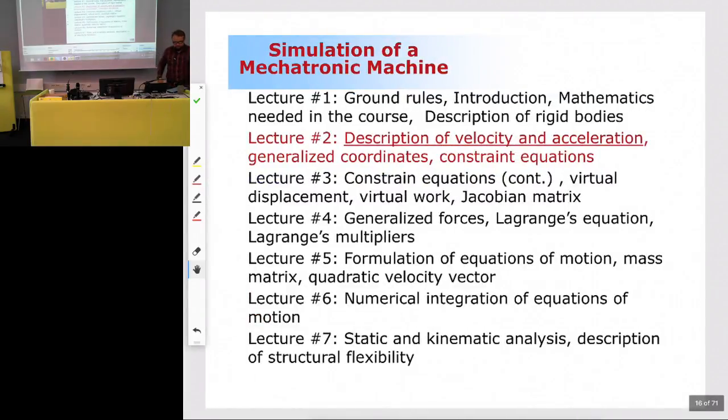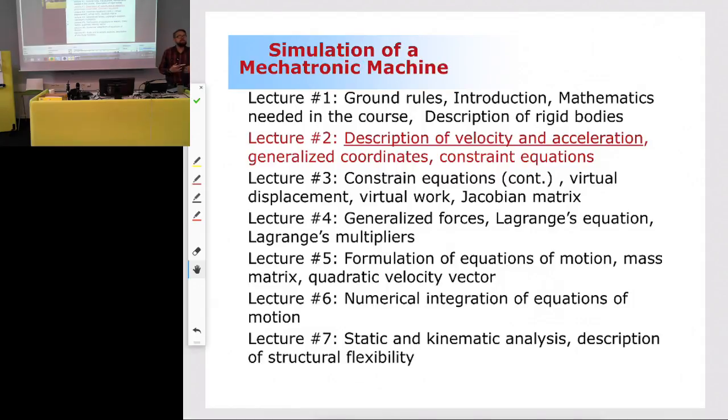All right. So we're going to move on to velocity and acceleration, and then an extremely important concept, which is generalized coordinates, because everything will then be based on generalized coordinates. We will define the equation of motion using generalized coordinates, meaning that all the forces have to be one more week without explaining anything about forces.